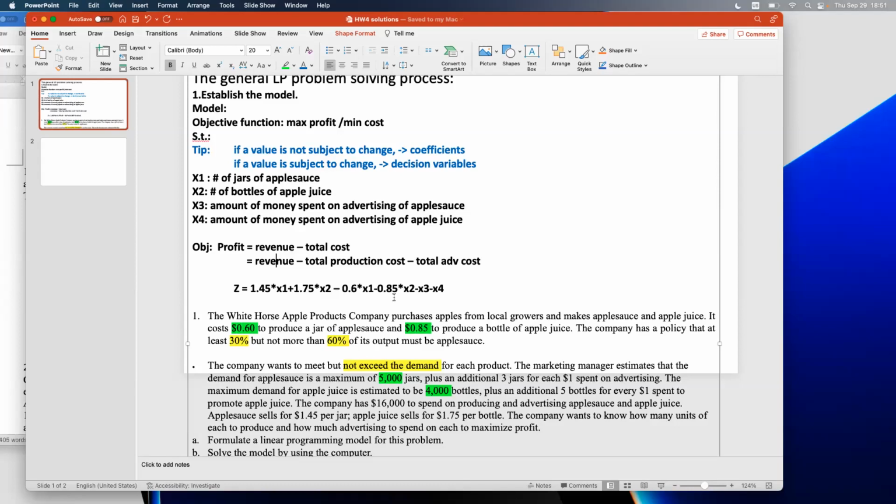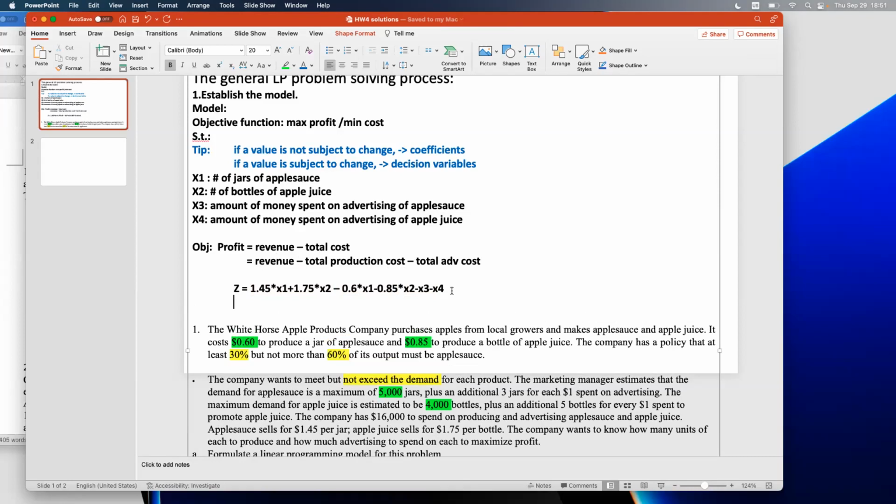Okay, so in this problem, we got only one source of revenue, but two sources of costs. So basically, we put the revenue over here, and we put the total production cost and the total advertisement cost. Don't forget to simplify everything when it is possible.